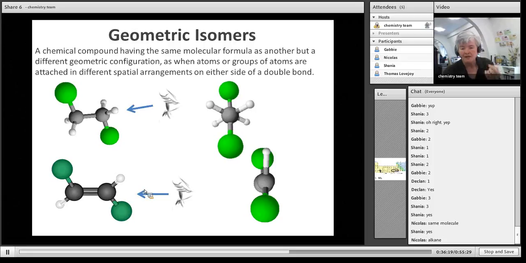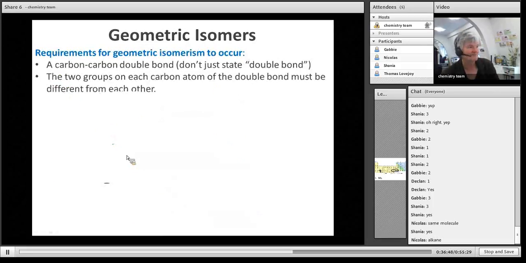When light comes in, the energy of the light is enough to break the bond. It flips and it remakes, and that sends a signal to your brain to say, I've seen something. So those reactions are going on all the time in your eye while you're looking at this, because you're getting light coming into your eyes. So you're having a cis-trans flip change, I haven't talked about those terms yet, all the time while you're looking at the screen.